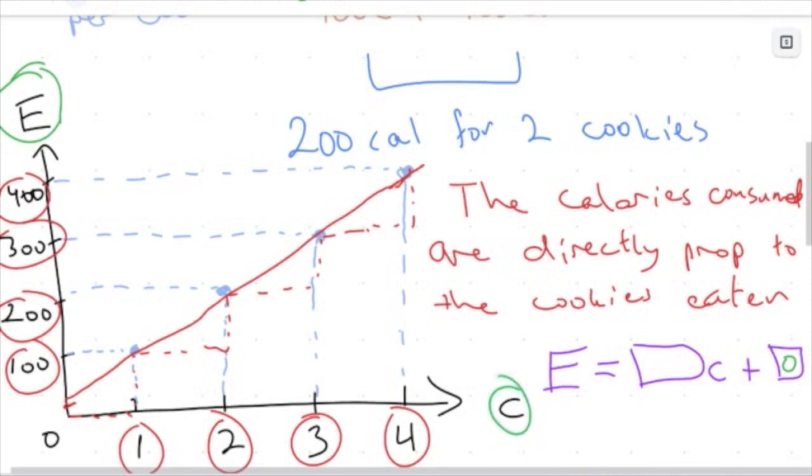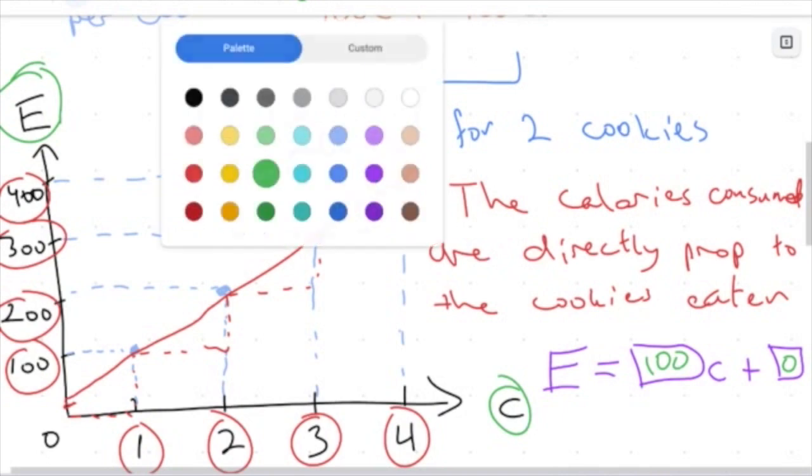Well, as my cookies go up, my energy, my calories, are going up by 100. So that is going to be my coefficient in front of C, or the x if we wrote this as y equals mx plus b. This is the idea of constant direct proportion.